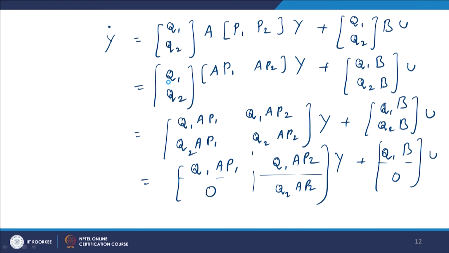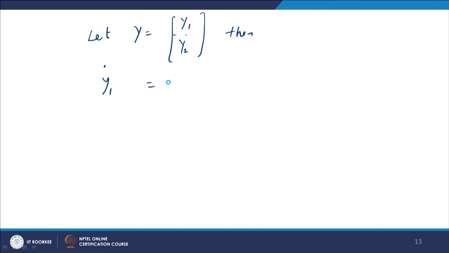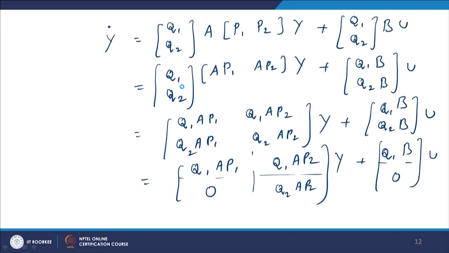Similarly, y2 dot will be 0 into y1, so that will not come, Q2 AP2 into y2 plus 0. So, we will get the simple form y1 dot is equal to A1, that is Q1 AP1 y1.